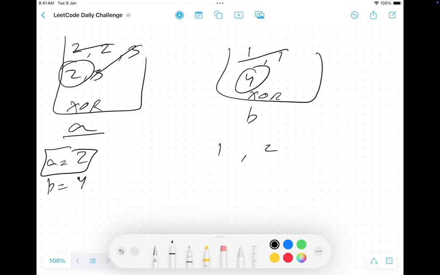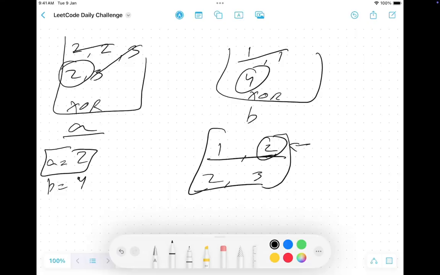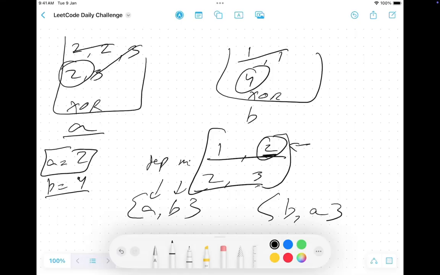So we know our array, and in it we find if there's an A in our array, we just return A and B. If B is in our array, then we return B and A. It means our A is repeating and our B is missing.